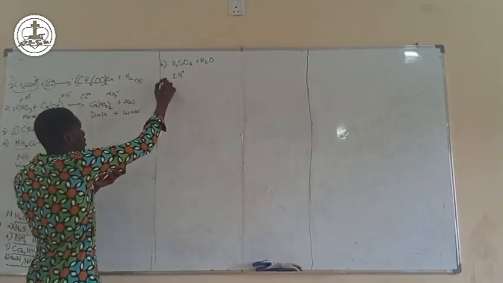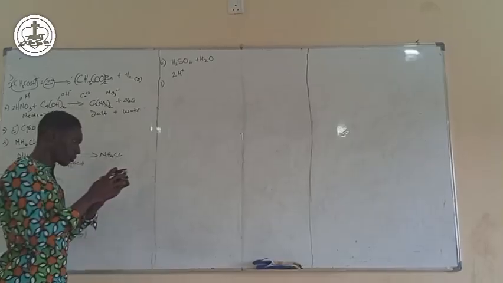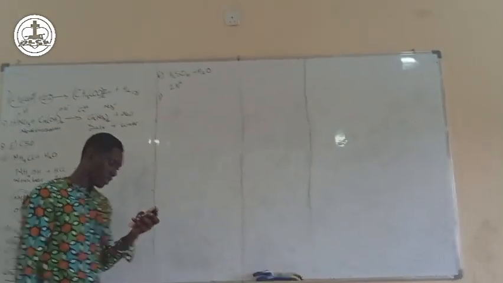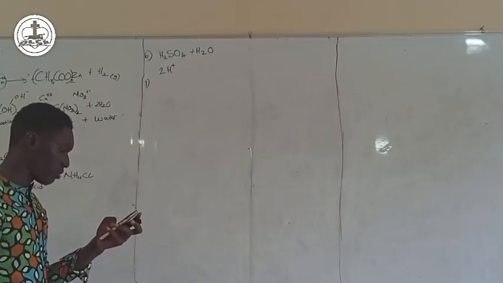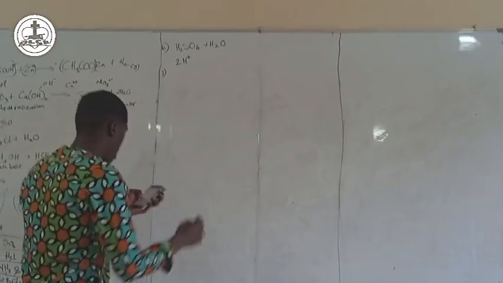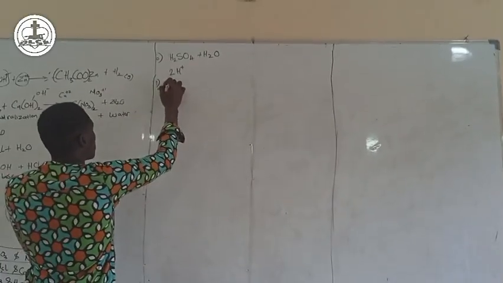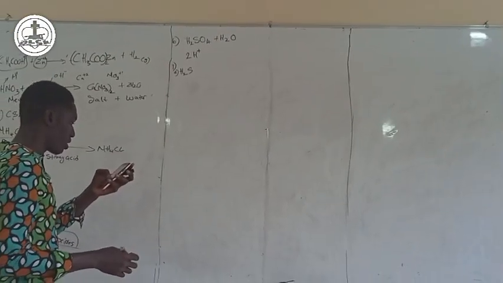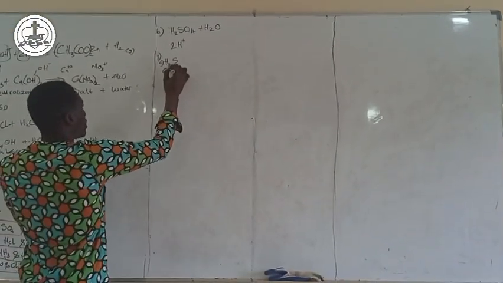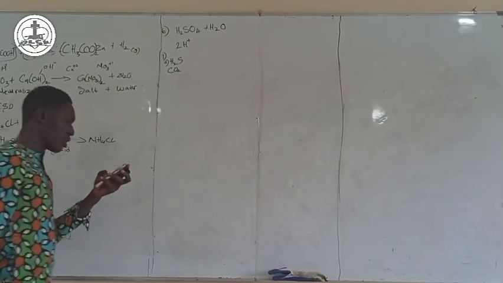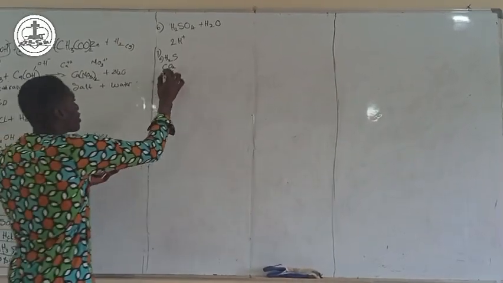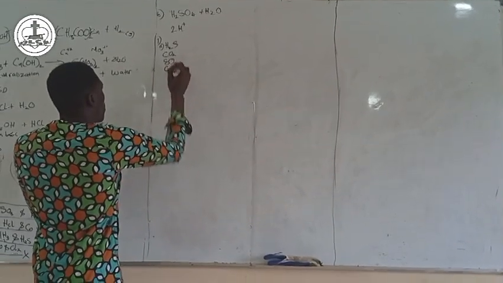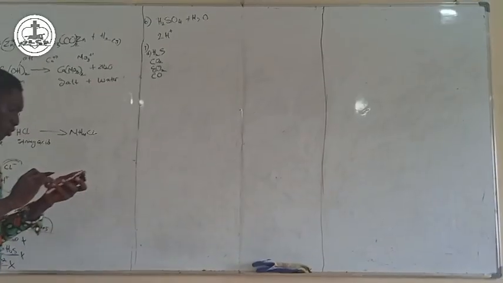Now to the next question. The next question says, which of the following gases is the most dangerous pollutant? We have A hydrogen sulfide, then B carbon 4 oxide, then C sulfur 4 oxide, then D carbon monoxide.